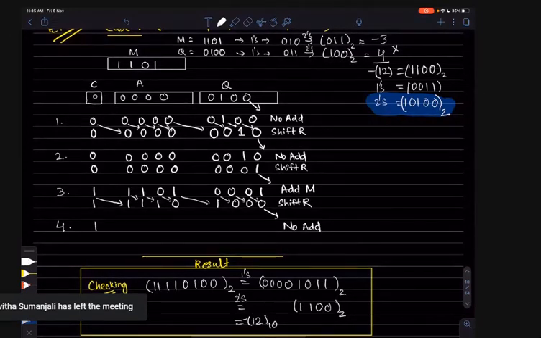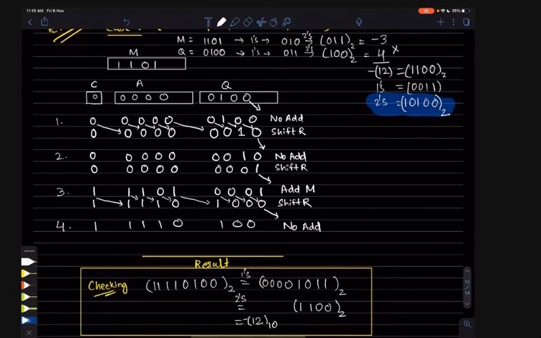So just copy all the data from the previous stage. Then you have to do the shift right operation, so we just have to do 1 1 1 1 1 0 1 0 0. Okay, done. And the fourth step is over.